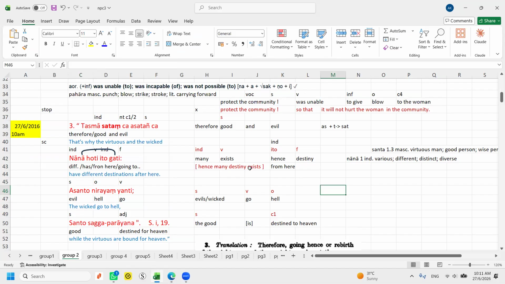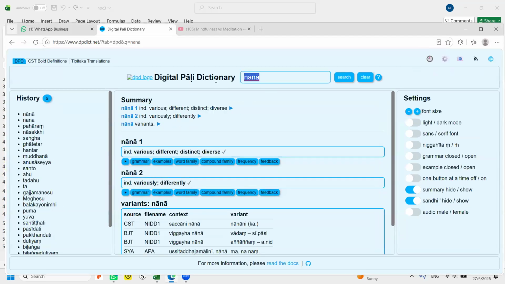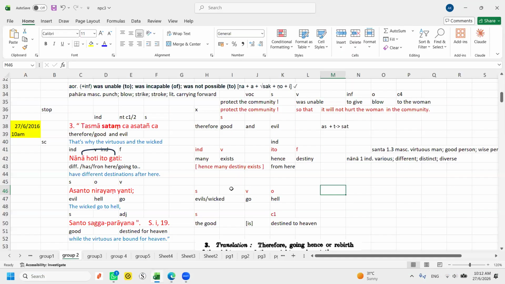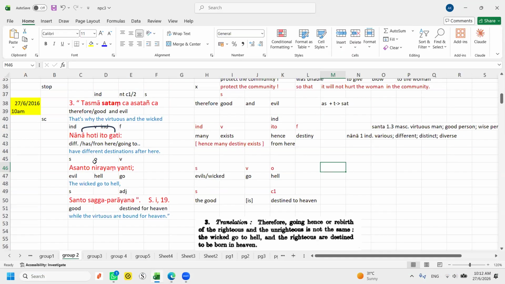Destiny means rebirth destiny. If you look at the word gati, you see destiny, destination, cause or path. So in this case, why do we take destiny? Because next you see here it says asanto.